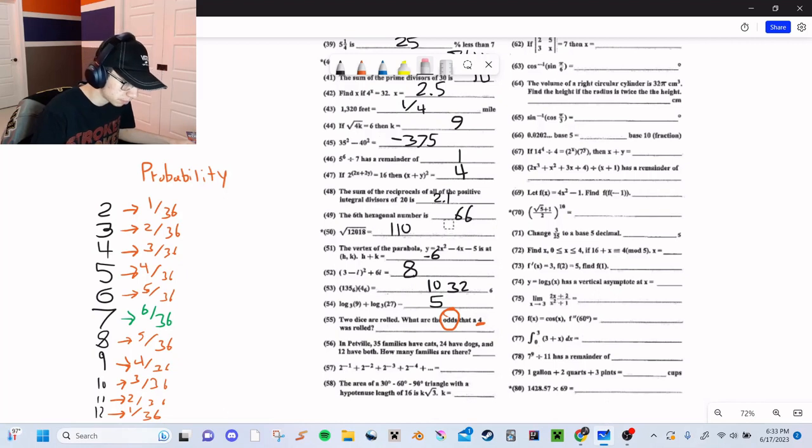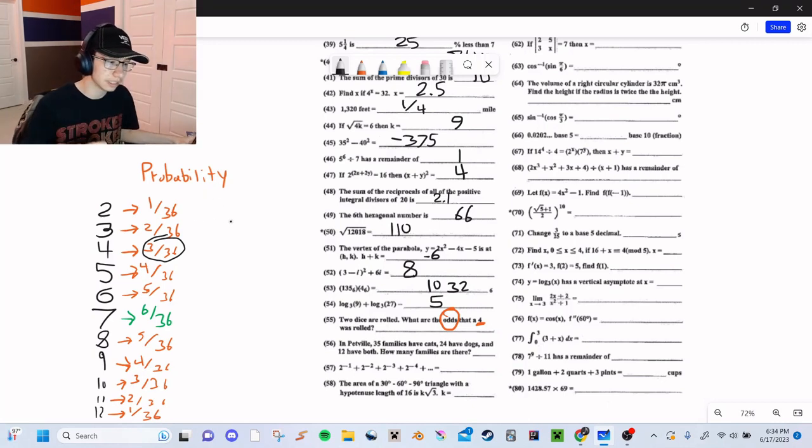Okay. Now, I'm pretty sure it's asking for the odds that a sum of 4 was rolled. And so, if I look at the probability, I see it's 3 out of 36. But it wants the odds. So what are the odds? What is the difference between odds and probability?